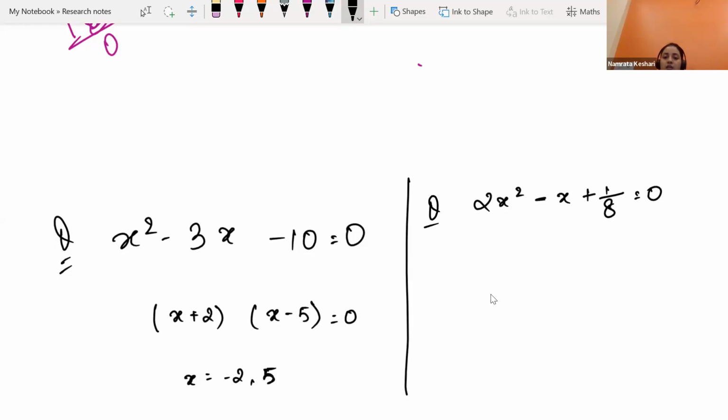We'll be doing the LCM, right? So LCM will be 8. And what will be there in the numerator?